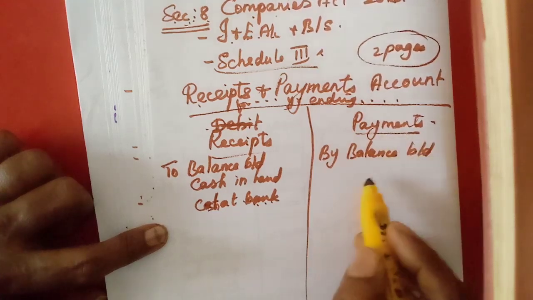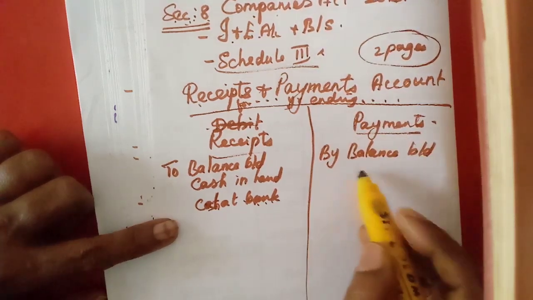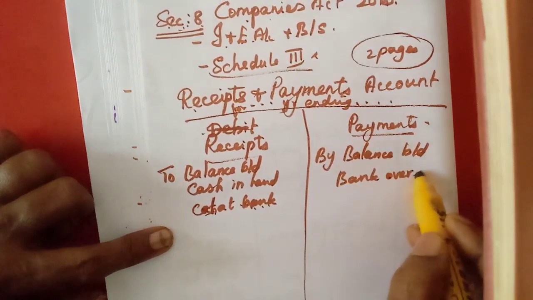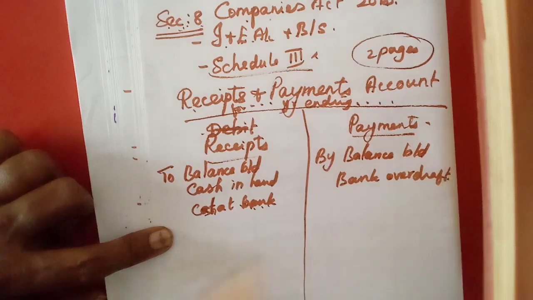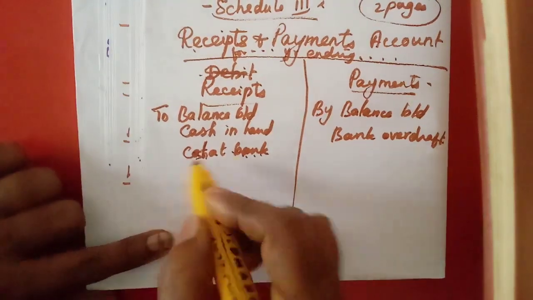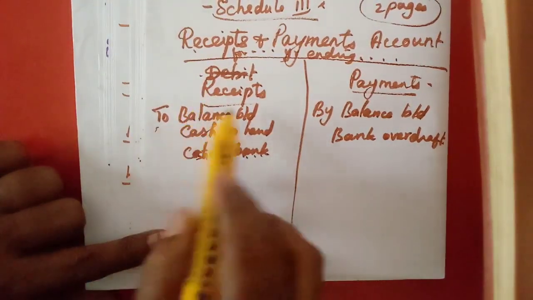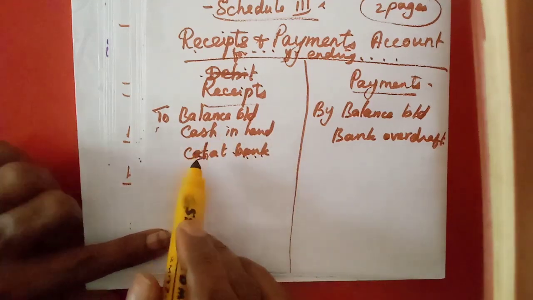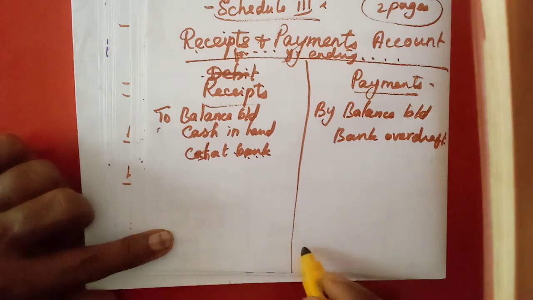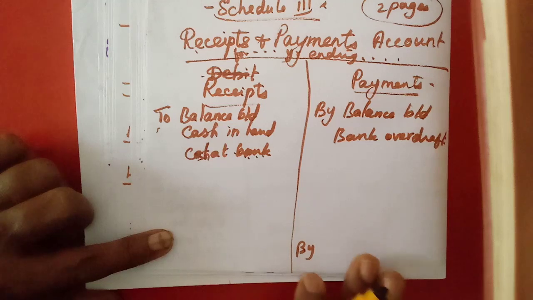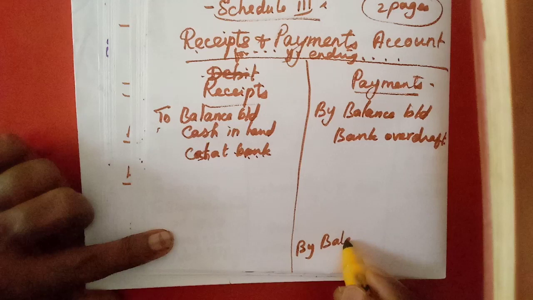Credit balance may be there, so we should write bank overdraft. So here it begins with the opening balances of cash and bank balances, and it ends with the closing balance of cash and bank, by balance carried down.